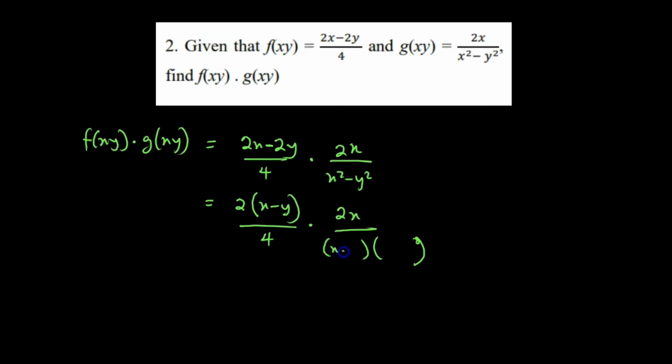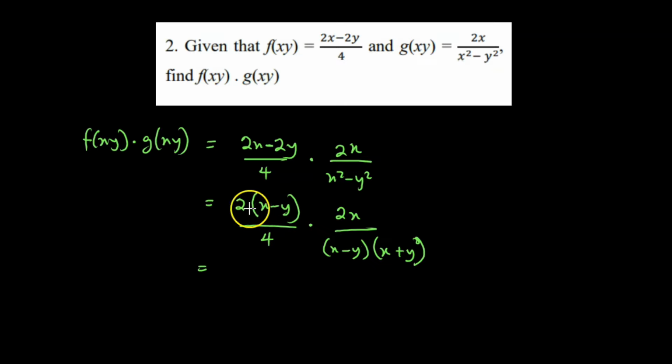So we have x minus y and then x plus y. Now, doing away with common factors, 2 is a factor that can go into 4, and then 2 here can also go into 4. So this 2 times 2 will give us 4, and we need to do away with the 4 at the denominator here. So we are left with x minus y. X minus y can also go into x minus y here.